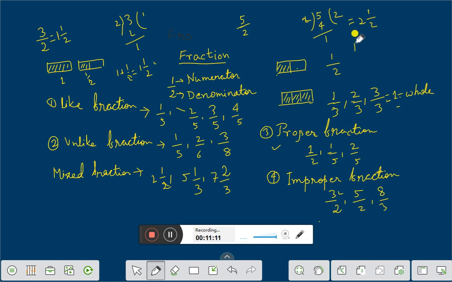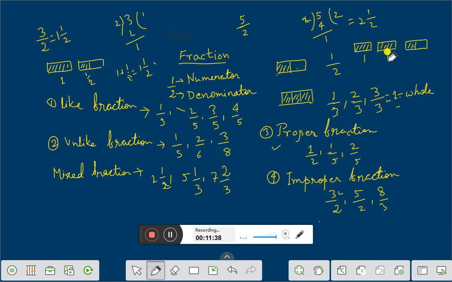That means you have to take 2 whole. There is 1 whole like this. Again 1 whole and half of that. Right? This is the shaded portion, this is the shaded portion, and this is the shaded portion.